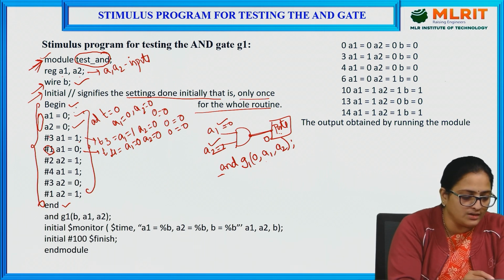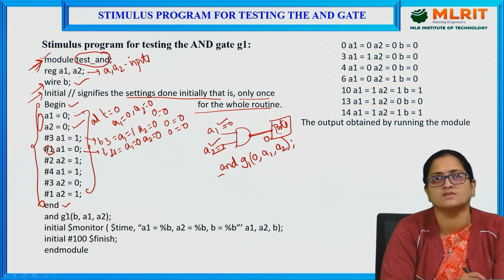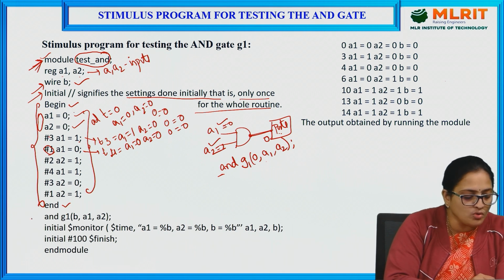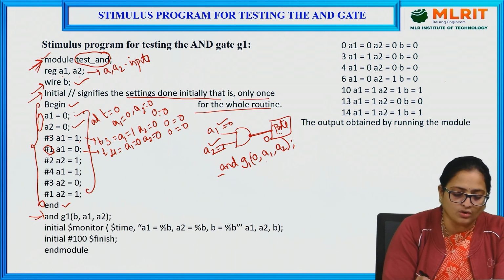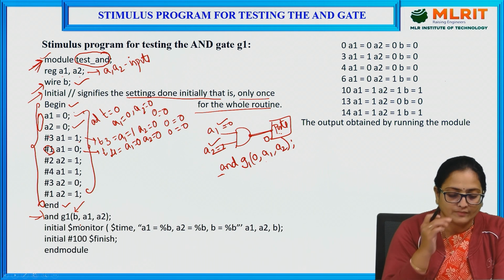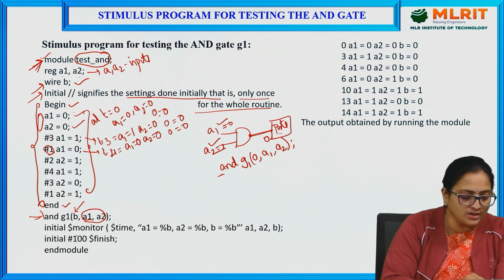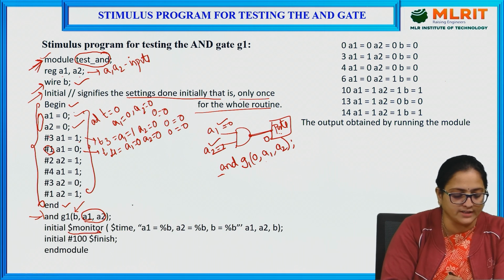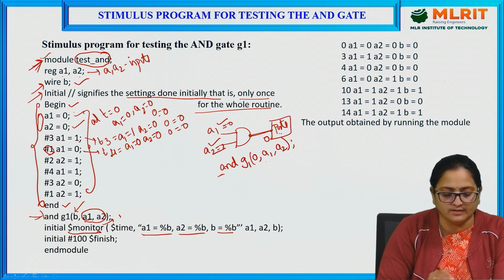Now, as I am executing multiple statements, these multiple statements have to be given in between the begin and end statements. Now, I am calling a primitive here, G1. Here, instead of O, I have taken B as an output, A1 and A2 as inputs. Next, initial $monitor. $monitor is a keyword which monitors the values which you are assigning here.